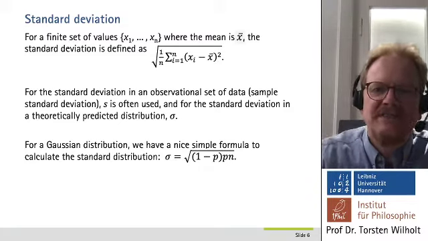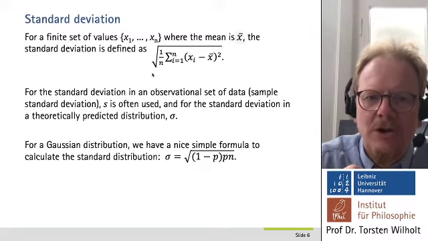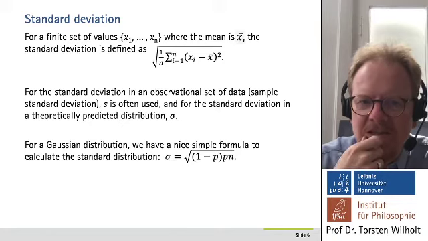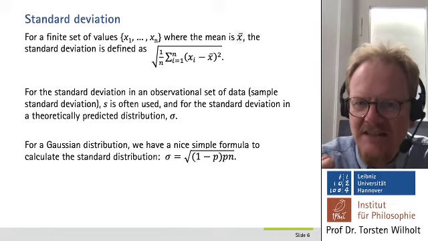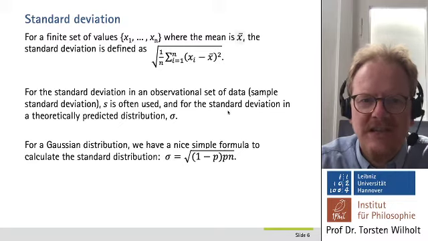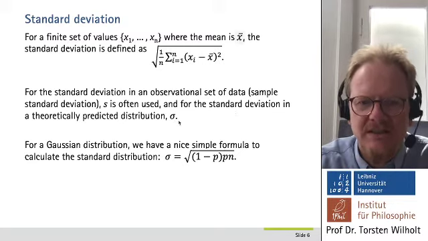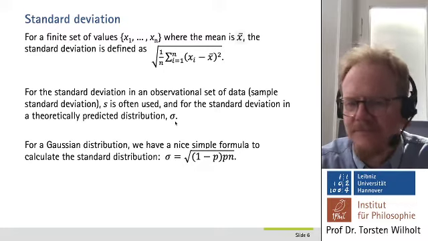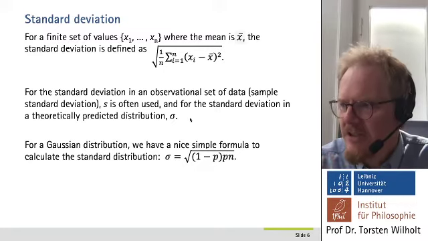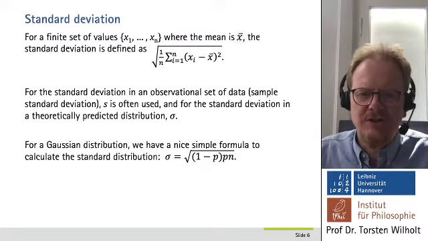And we often use the small letter s for the standard deviation in an observational set of data, the so-called sample standard deviation. And for the standard deviation in a theoretically predicted distribution, we often use the Greek letter sigma to indicate that we're talking about a theoretically predicted standard deviation.